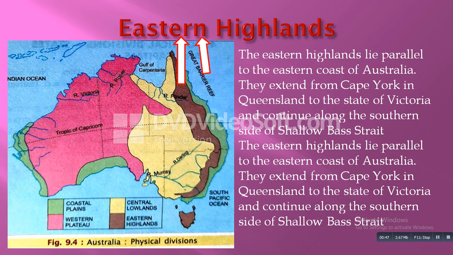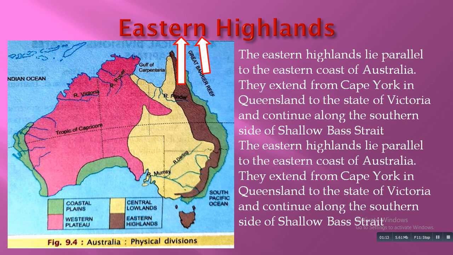The Eastern Highlands lie parallel to the eastern coast of Australia.